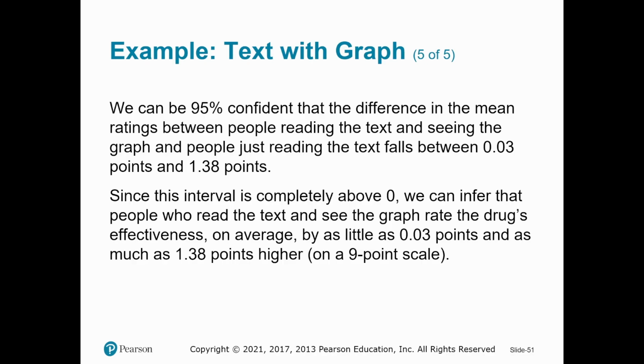Because if the human being knew it, why would we spend the money to study it? It would be a moronic waste of time. But hypothetically, suppose it's zero, right? Well, this confidence interval fails to capture this hypothesized value of zero. And so that's really what we're doing here.